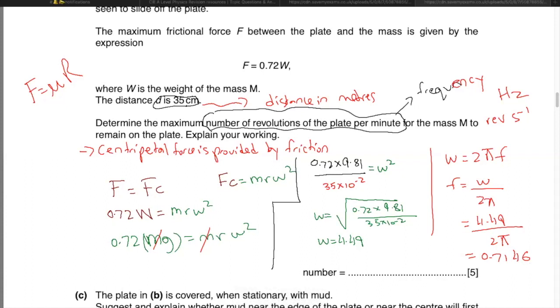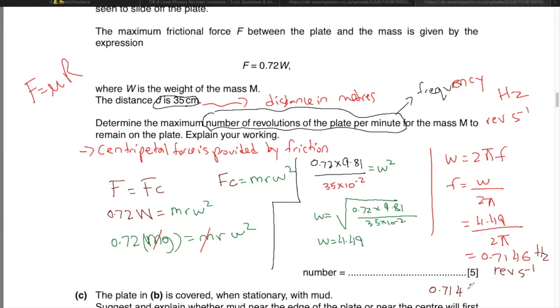Now, that's not the end. Now, some people might say, okay, I have the frequency. This is my answer. Incorrect, because this is revolutions per second. This is hertz. And we want to find out the answer in minutes. So let's do some basic math. I know that in 1 minute, I have 60 seconds, right?